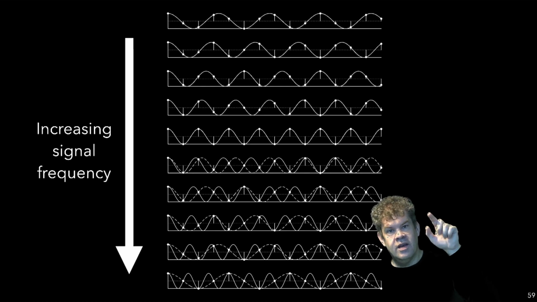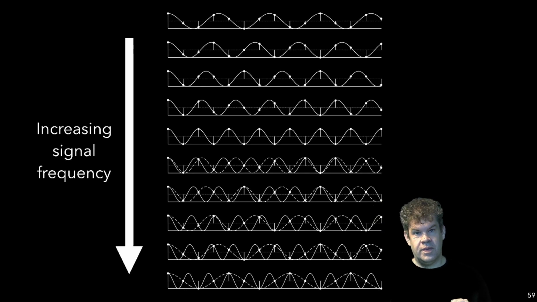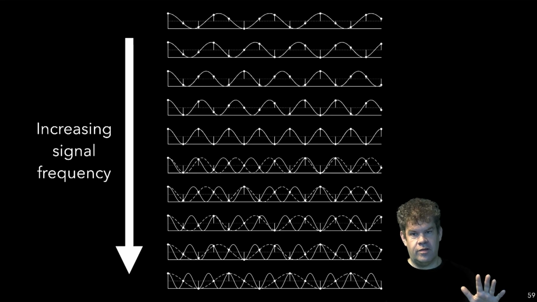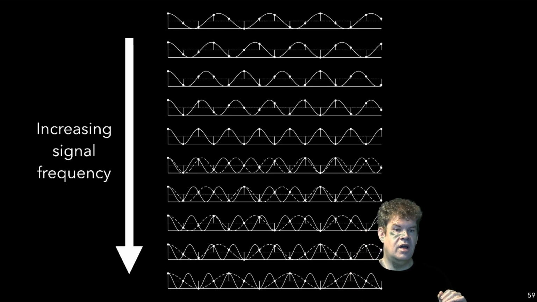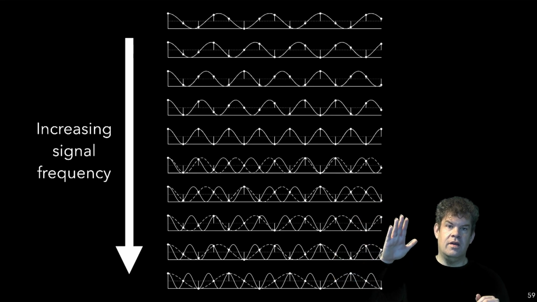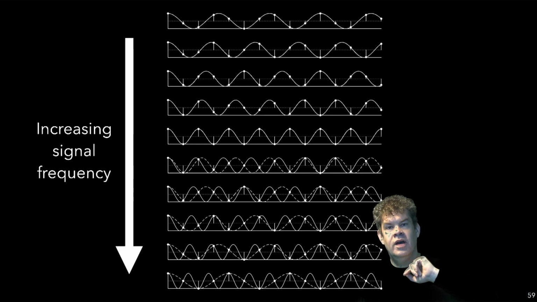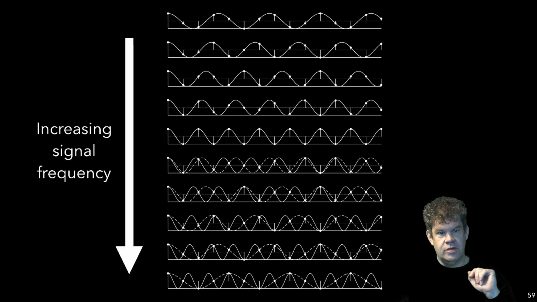Now, according to Shannon's sampling theorem, if I take at least twice as many samples as the wavelength, I'll be able to reconstruct exactly the original signal, no loss whatsoever. And we can see this here. There's only one sine wave or cosine wave that passes through these points, so there are no ambiguities.